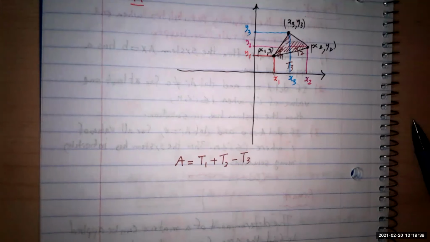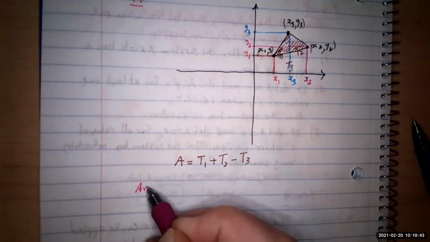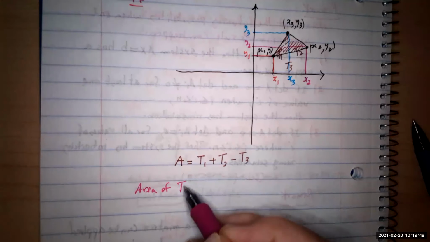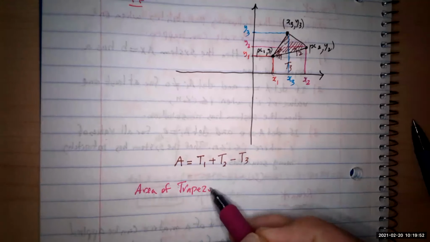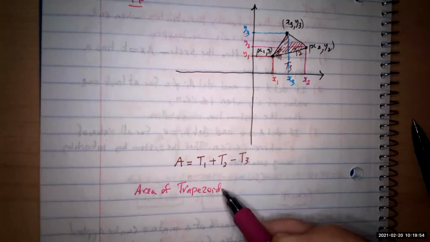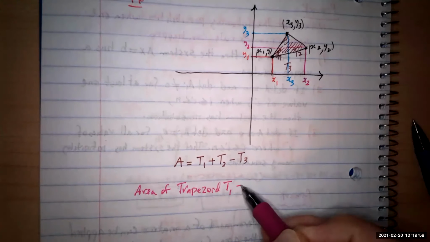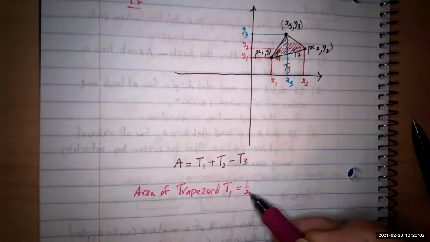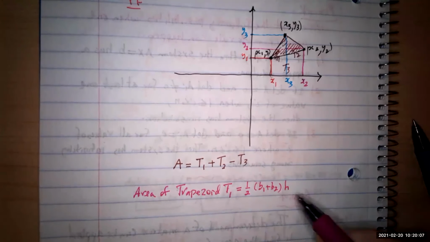So the area of these trapezoids, this is going to be the area of trapezoid one, if you like, T1. For each trapezoid, you know that it's going to be 1/2 of the sum of the bases times the height.